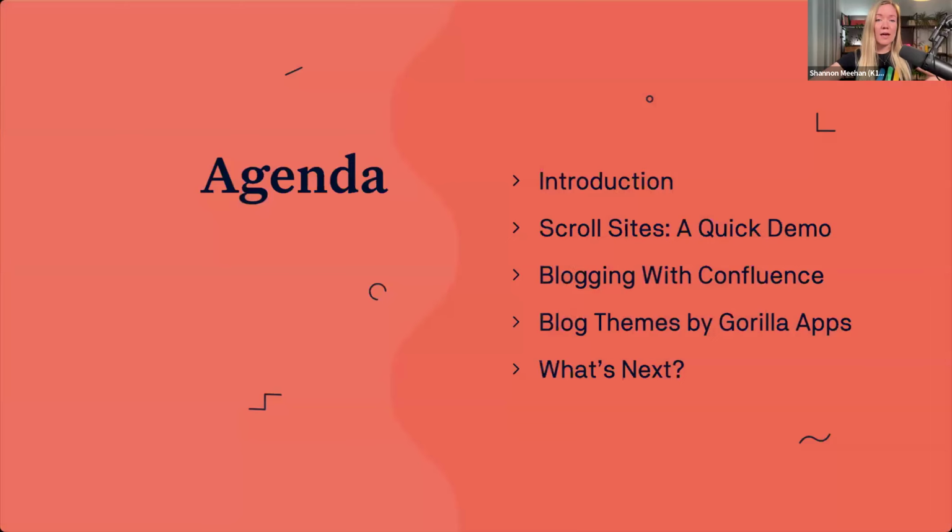But before we do that, I'd like to give you all a brief update on where we're at with Scroll Sites and our progress. I know we have a lot of our beta signups here on this call today as well. So we will also talk about blogging in Confluence in general. So I'm sure that you already know you can blog with Confluence. So we'll show you what will become possible with Scroll Sites as well. Then I will hand over to our guests to showcase the new themes.